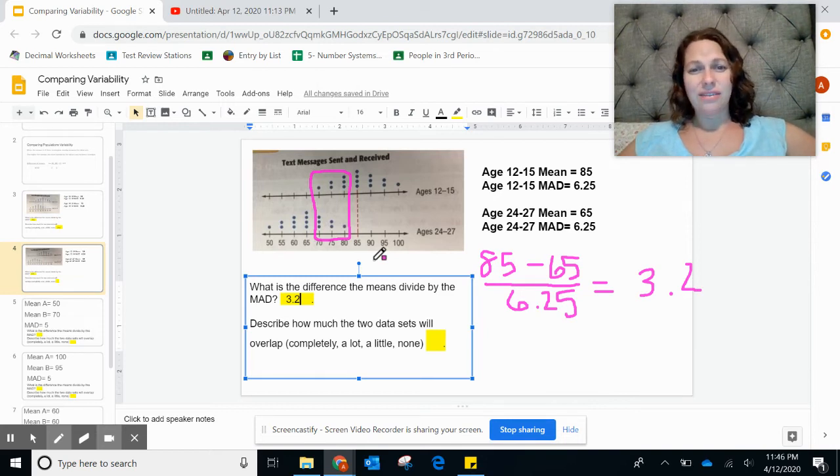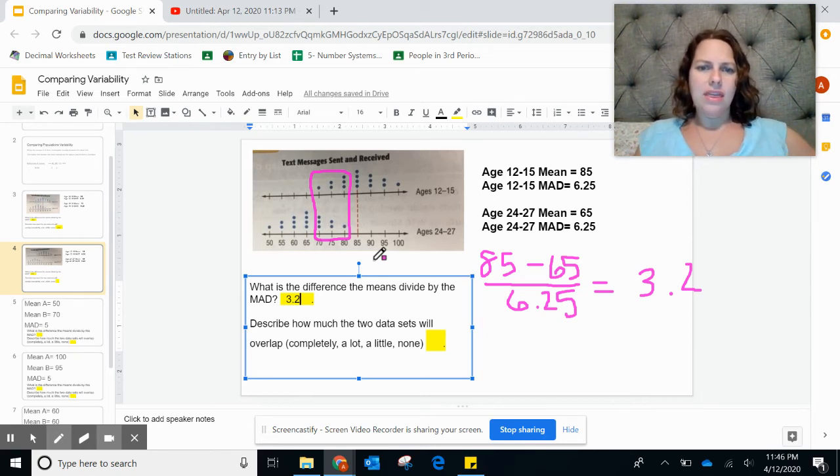This is less than half of the data. So I'm thinking this might be closer to a little than it is to a lot. It's a little tricky. We definitely can't say none. The picture shows that. 3.2 is not big enough to want to even try to say that.